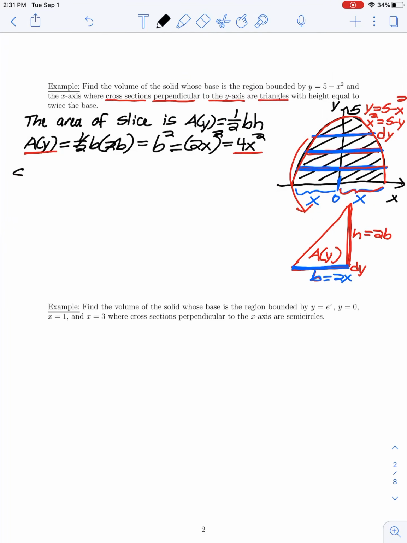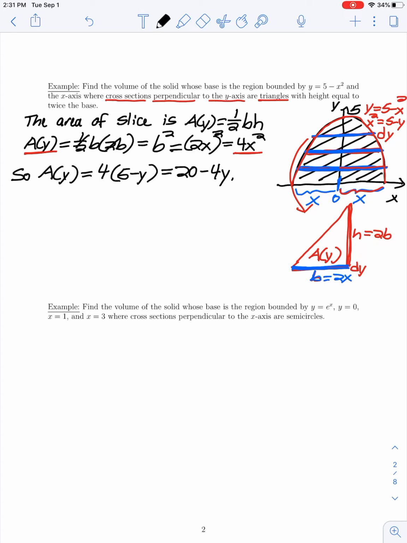Substituting that expression into our function for area, we had 4 times x squared, but we found x squared is given by 5 minus y. Or distributing, we would have 20 minus 4y for the area of a cross-section of my solid taken at a height of y units above the x-axis.